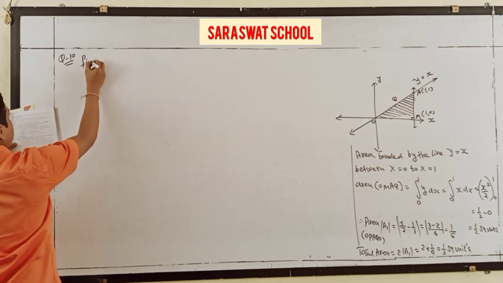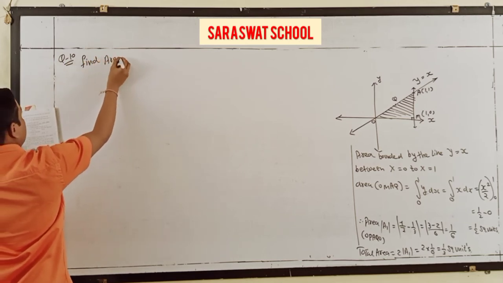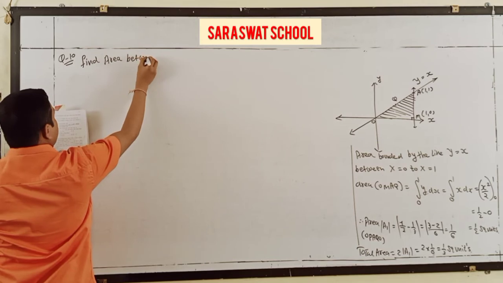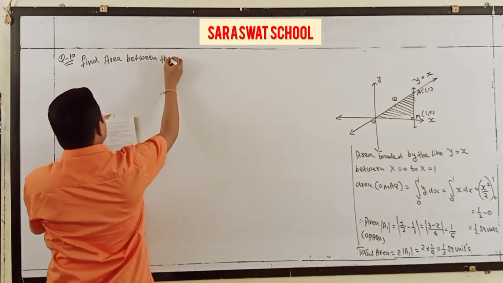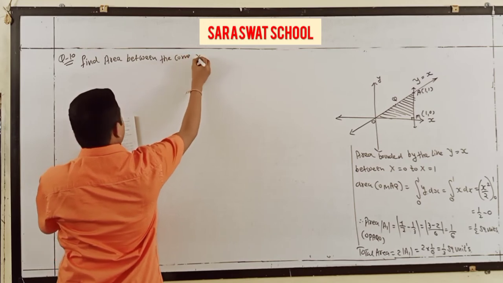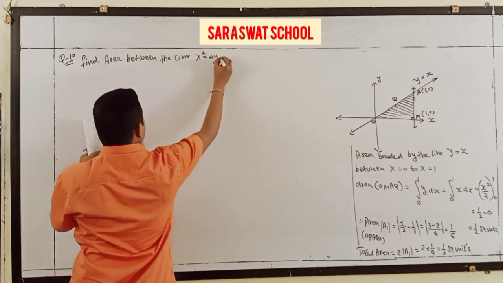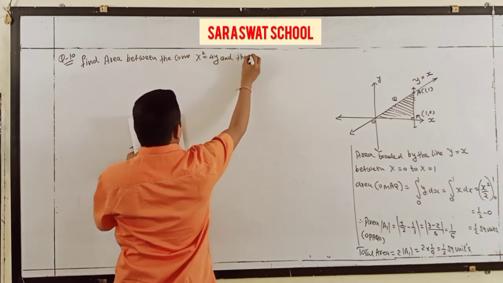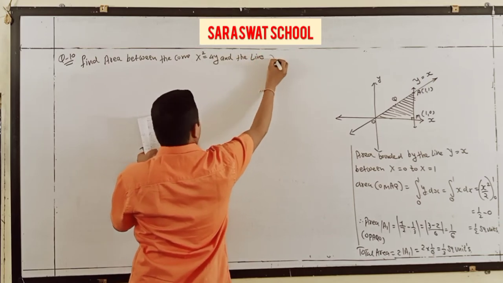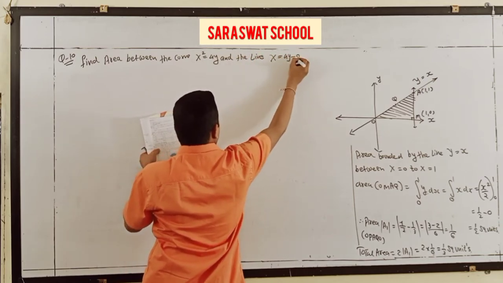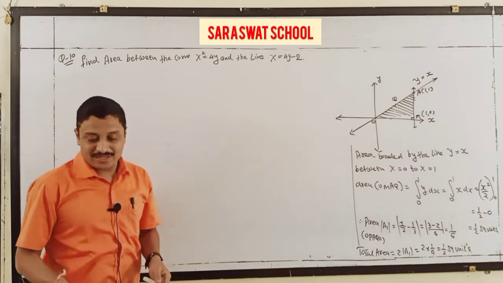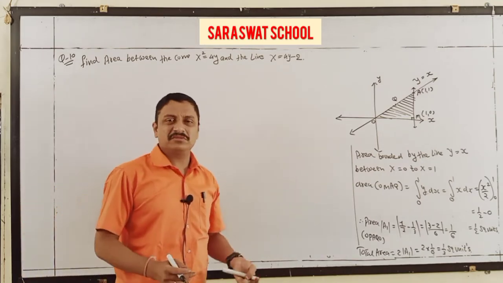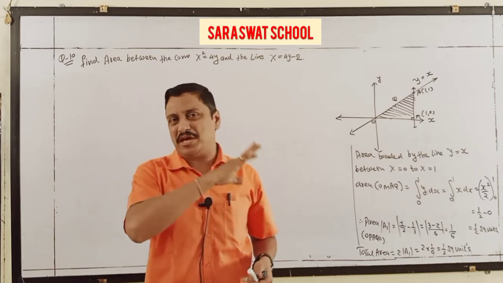Find area between the curve x square is equal to 4y and the line x is equal to 4y minus 2. Yes students, the same concept and solution also the same.